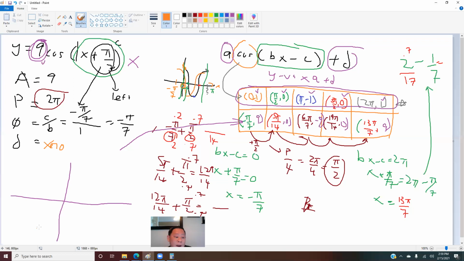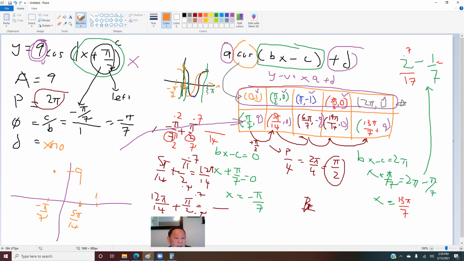So negative pi over 7 is right here, and 9 is up here. And then 5 pi over 14. So what happened is that this is actually 5 pi over 14, and it's at 0.